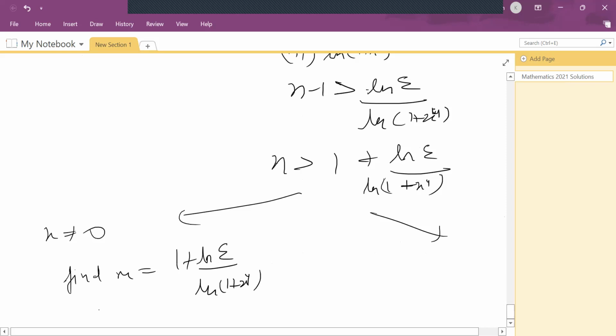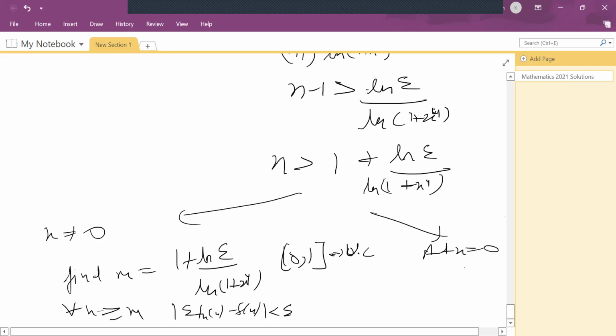And then in that case, for all n greater than or equal to m, |Σfn(x) - S(x)| will be less than epsilon. So from 0 not included to 1 included, this is uniformly convergent. Okay, this is UC.